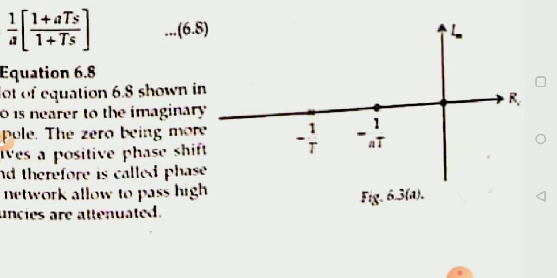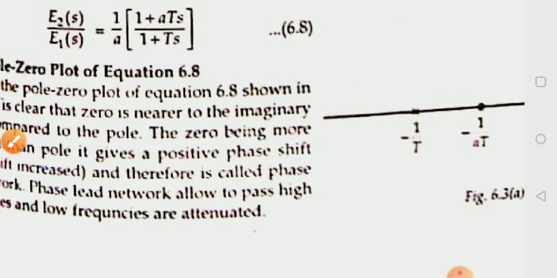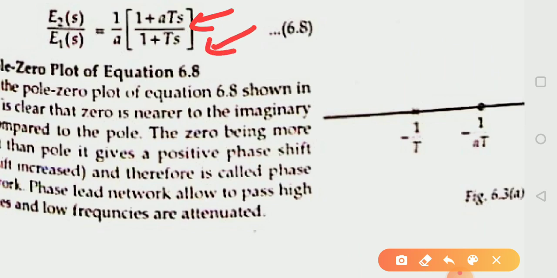If we make the pole-zero plot, the value of the zero is minus 1 over A T, and if we use alpha in place of A, the value is minus 1 over alpha T. The value of the pole is s equals minus 1 over T.